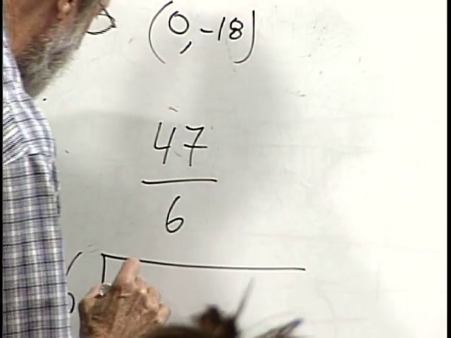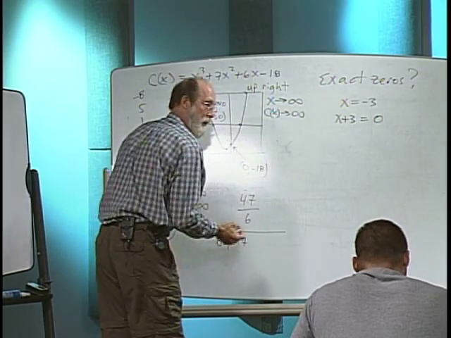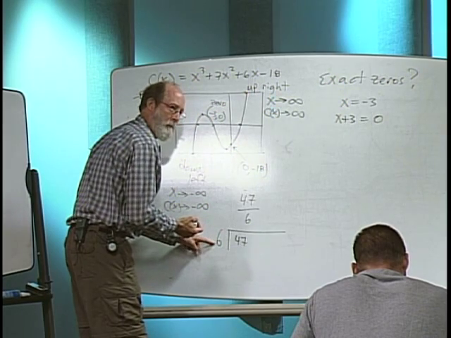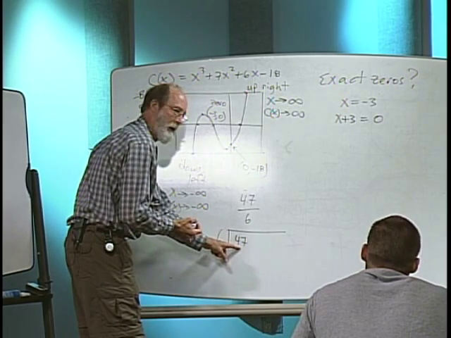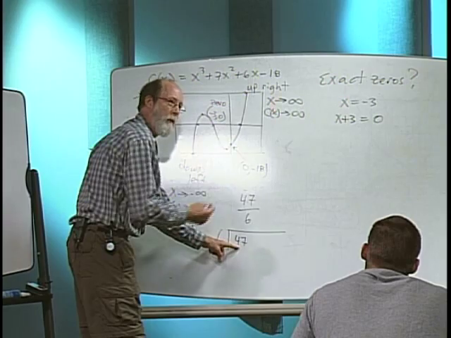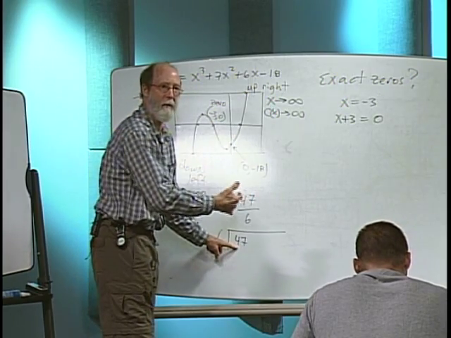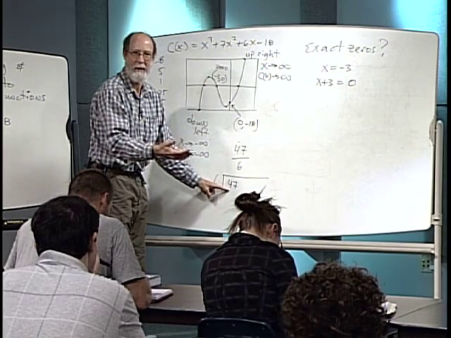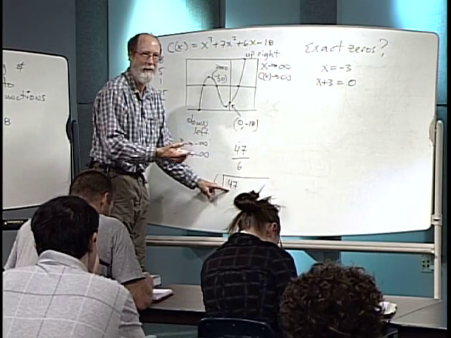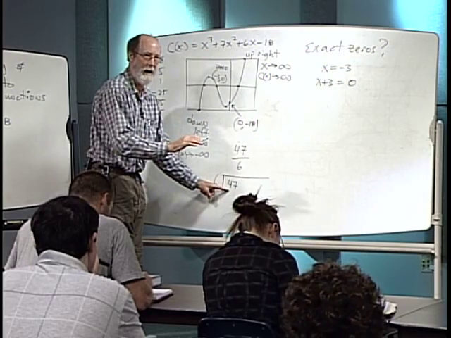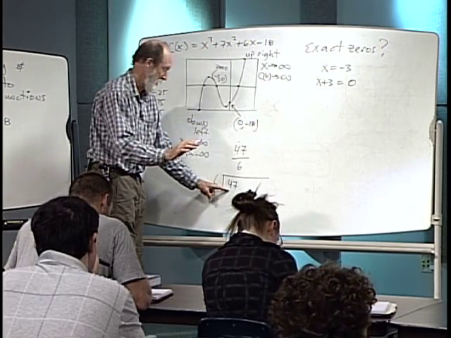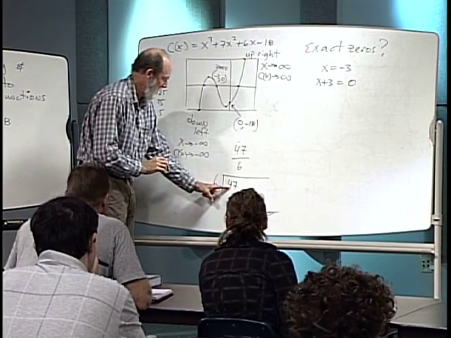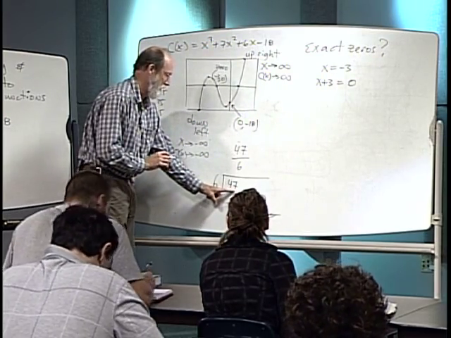Just hang in there with me, because it's going to turn into algebra here in just a second. This is also called the divisor, and the dividend. This discussion is also going to play into us talking about rational functions that are coming up here in about 5 minutes. So I'm going back through some of this vocabulary that you maybe forgot as a kid. Divisor, dividend. 6 does not go into 4, so we try 6 into 47.